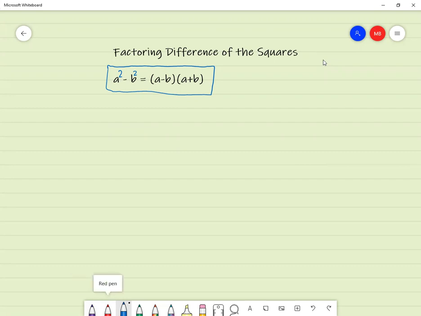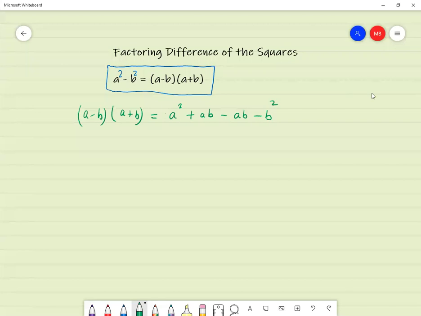To look at how this happens, we can multiply a minus b with a plus b. We multiply this by the FOIL technique. So this is going to be a squared plus ab minus ab minus b squared.